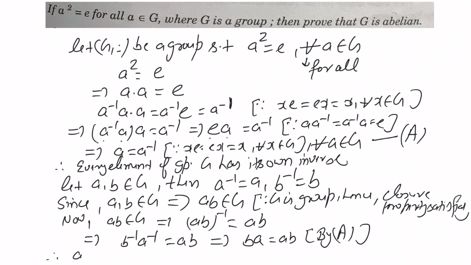Therefore ab is equal to ba, and this is holding for all a, b belonging to G. This implies that G is an abelian group.